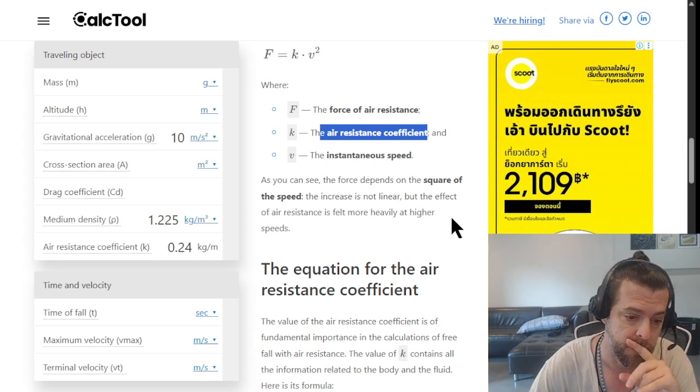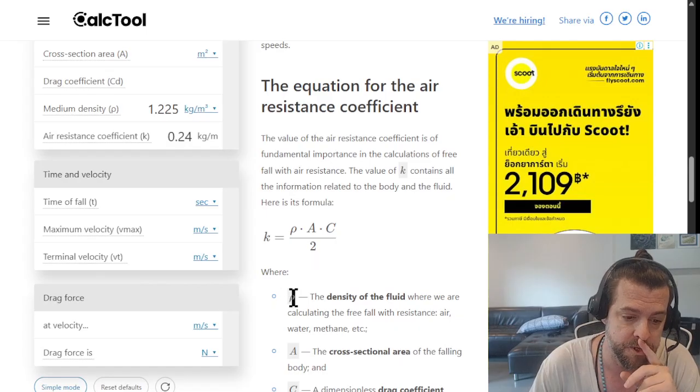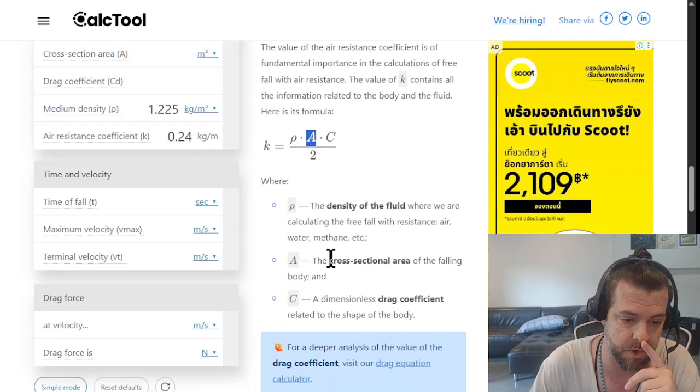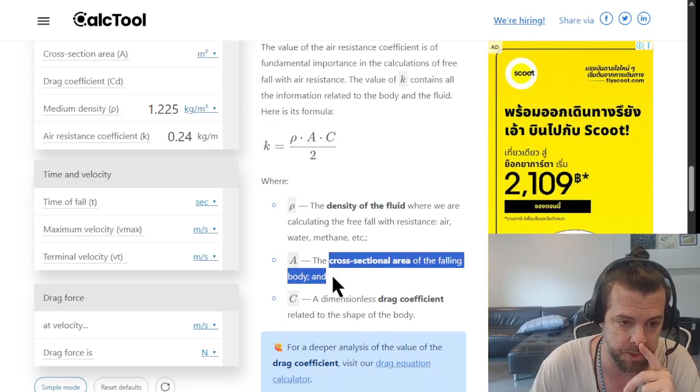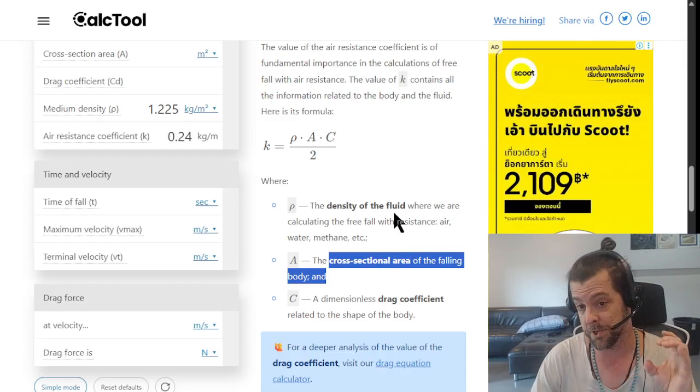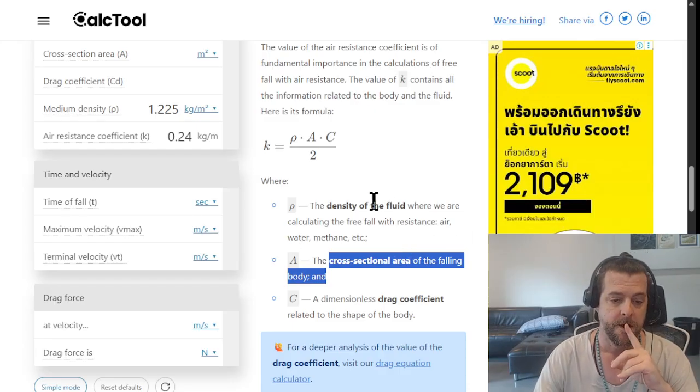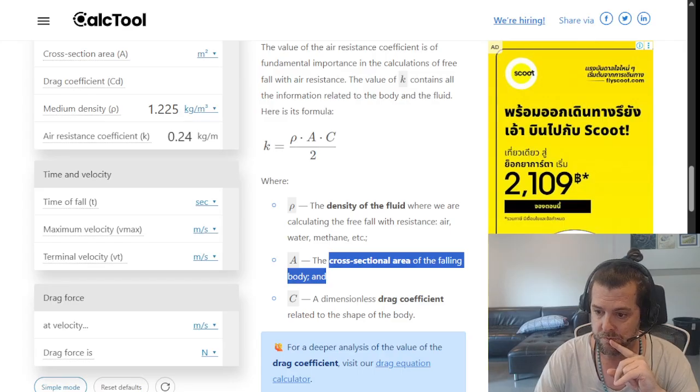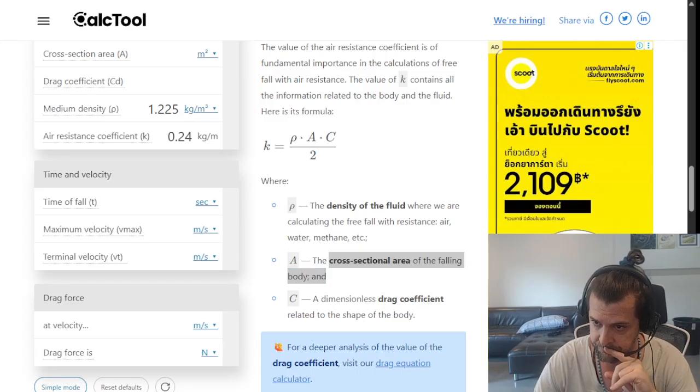And the formula for that is the density of air, which we know, and then the cross-sectional area of our object, which in this case would be a small foam disk. Let me show you this real quick.